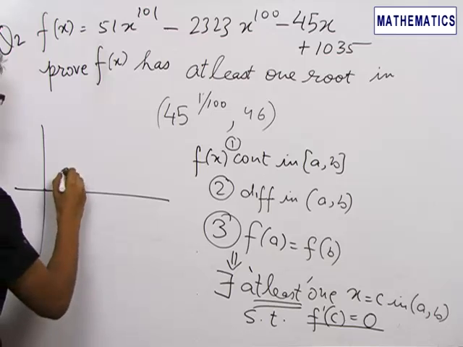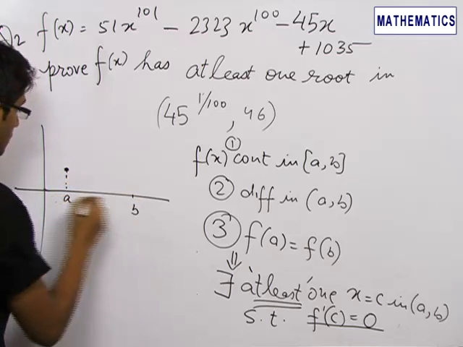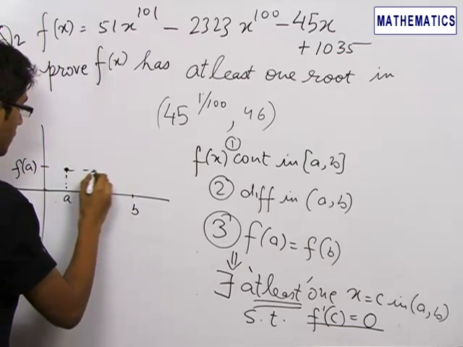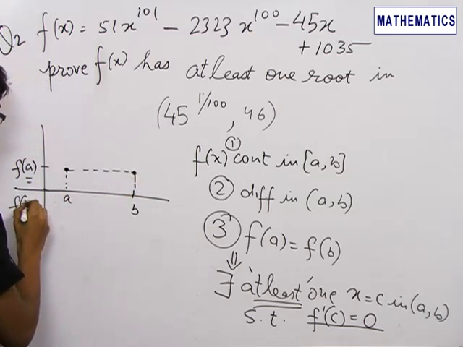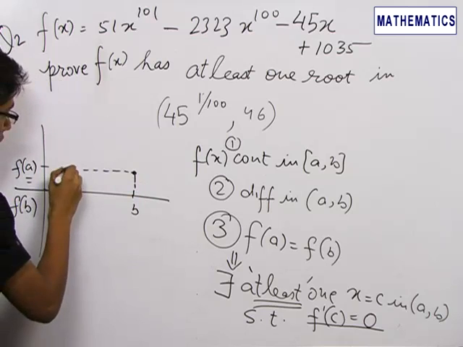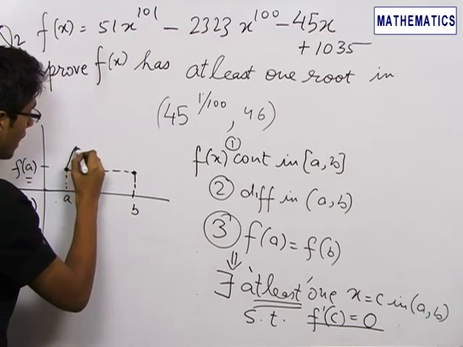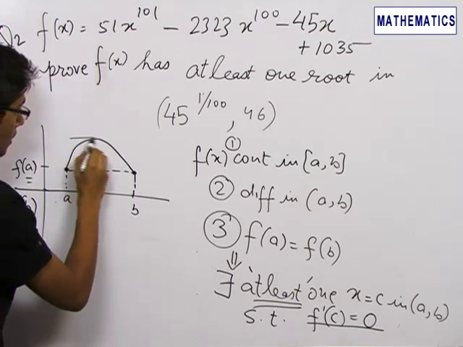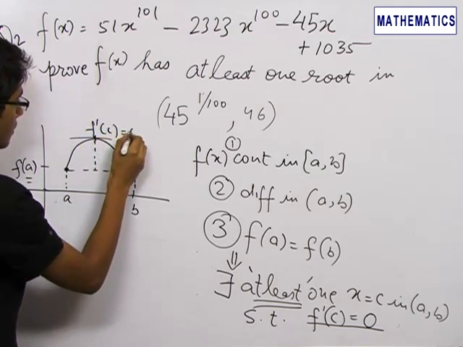We can very clearly see, if this is a, this is b, this is f(a), and we have the value of f(a) equal to f(b). So in order to reach from here to here, we have to have at least one time f'(c) equals 0.